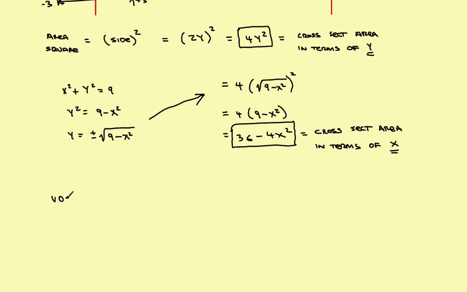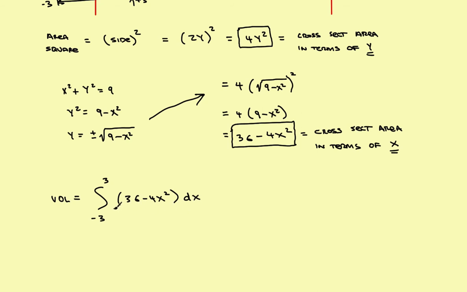So the volume is equal to, and again, using the formula, it's just the integral from, in our case, minus 3 to 3 of the cross-sectional area, and that area is 36 minus 4x squared, and then dx. So this is the area of the cross-section. This is the thickness of the cross-section.